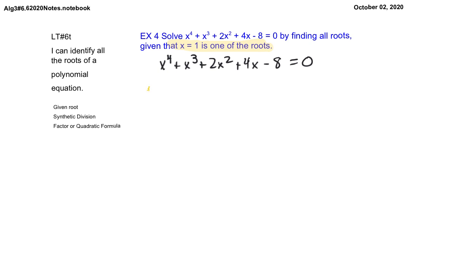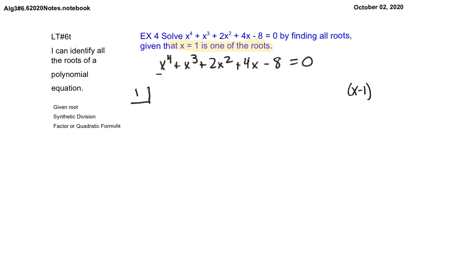So I'm going to take that answer that I know, and I'm going to divide. Remember, because I have 1 as an answer, I already have x minus 1 as a root. And I'm going to be looking for some other factors, and I should get those when I divide.